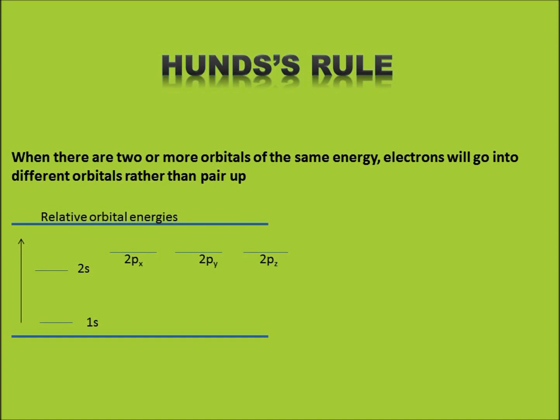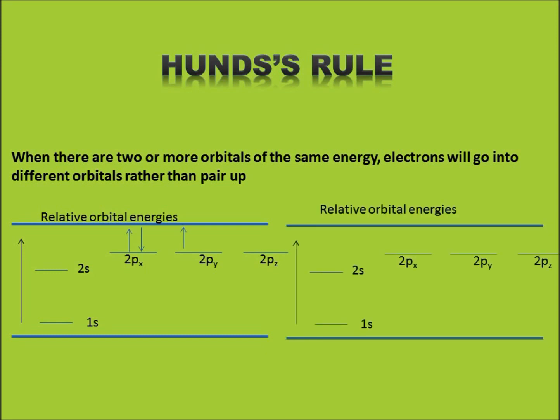Here we have the 3p orbitals, which are of the same energy. Hund's rule says this will never happen. If we have 3 electrons, rather than pair up, what will happen is that each p orbital will fill with 1 electron before pairing begins.